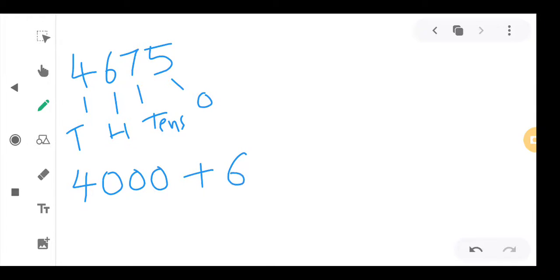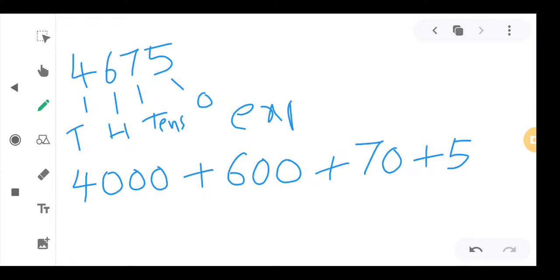After 6 there are 2 numbers, so this is in hundreds place, 600. After that 7 is there, this is in tens place. After 7 there is only 1 number, so we write only one 0, plus 5. See, this is the expand form of 4,675: 4,000 plus 600 plus 70 plus 5.